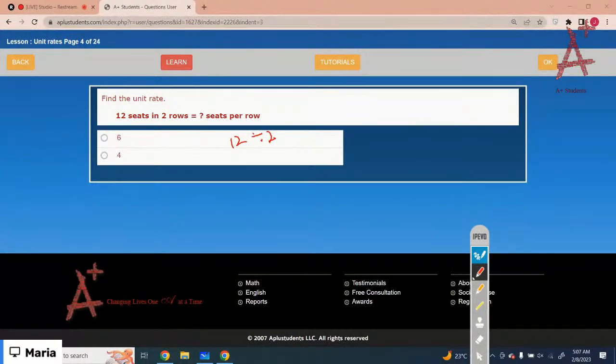If you've got the notebook, that would be for you, because I already know all these things. So if you use your notebook, you have to do the practice. Got it? But it's up to you. So 2 times 6 is 12. That means you have 6 seats in one row. The correct option is 6.